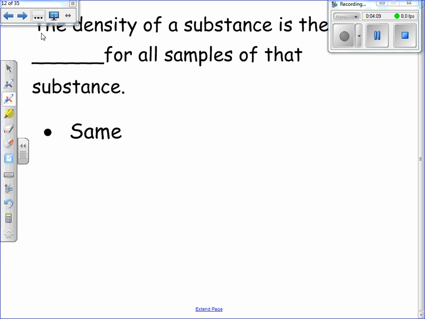Okay, let's talk about the density of some common substances. The density of a substance is the same for all samples of that substance.